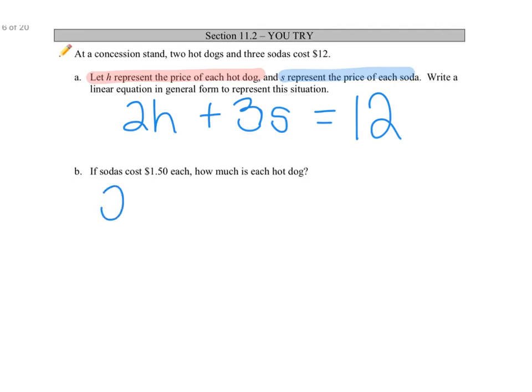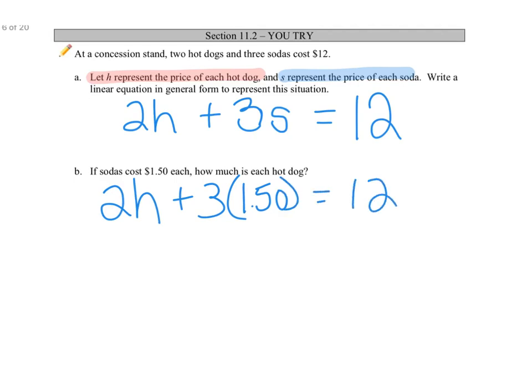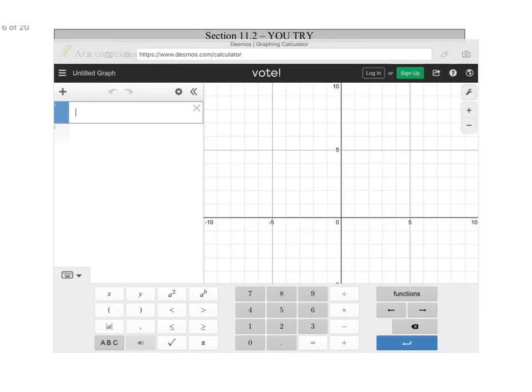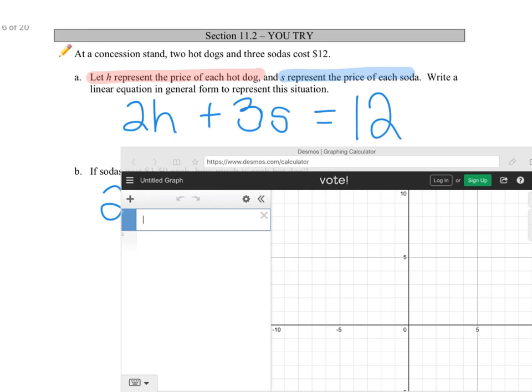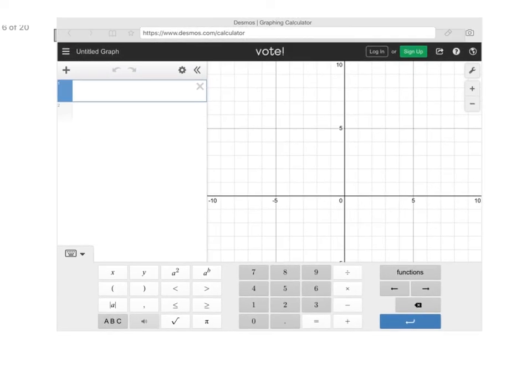And then it says, if sodas cost $1.50 each, how much is each hot dog? Well, I can do this: 2H plus 3 times sodas are $1.50 equals 12. And I can solve that equation. Or I can use Desmos. And I can type in my equation, 2x plus 3y equals 12.